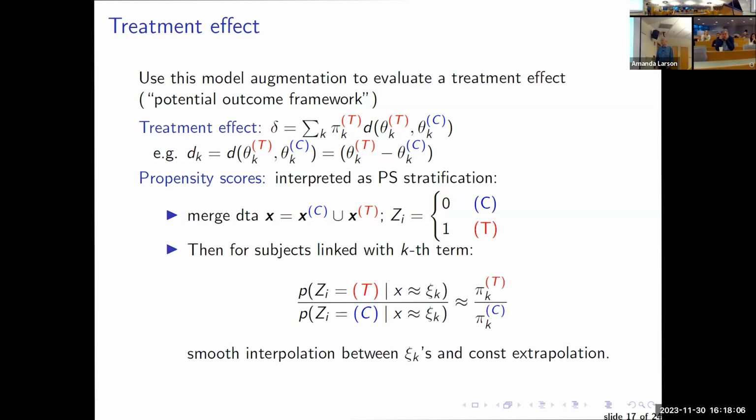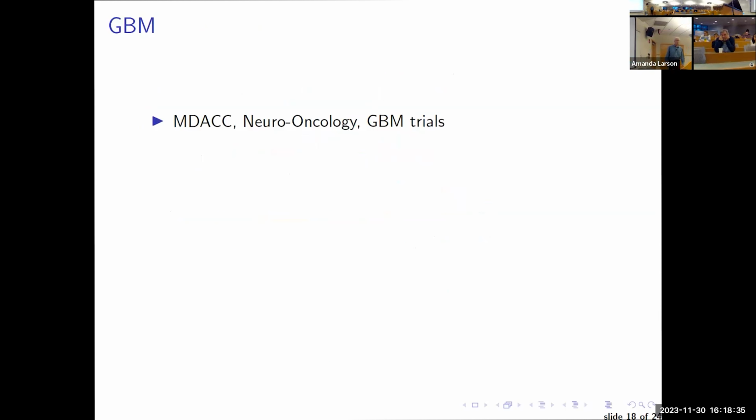Then you can argue that the ratio of these is not exactly the propensity scores. The ratio of propensity scores for covariates close to one of the cluster centers is exactly the ratio of the weights, which is kind of nifty. So that synchronized mixture model includes an easy expression for propensity odds, and it obviously implies the propensity scores. We don't use these propensity scores, but you can get them if you need.